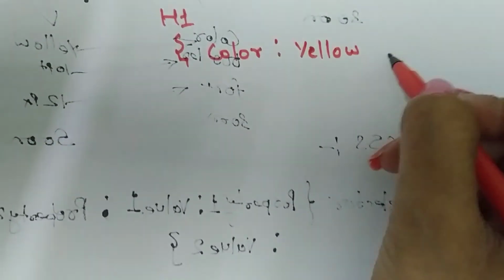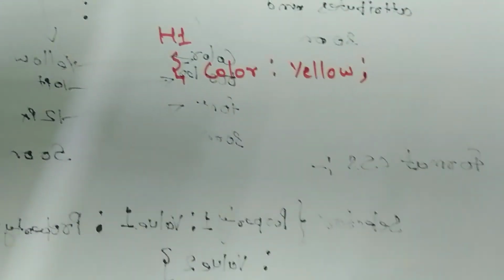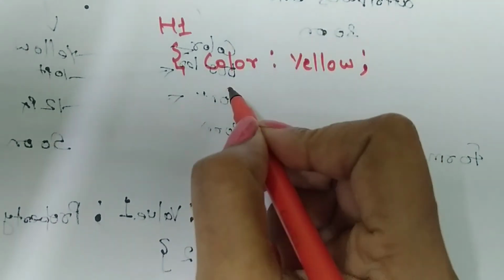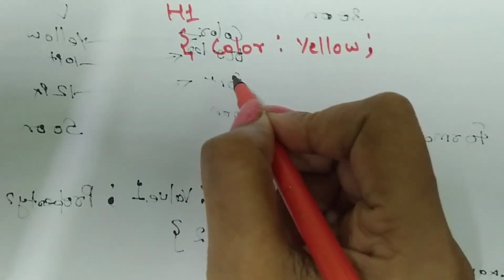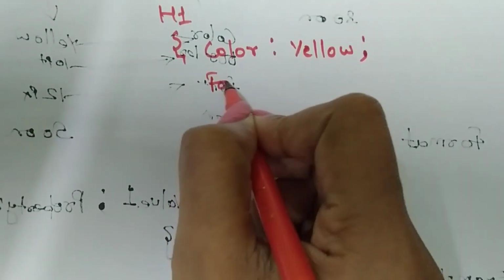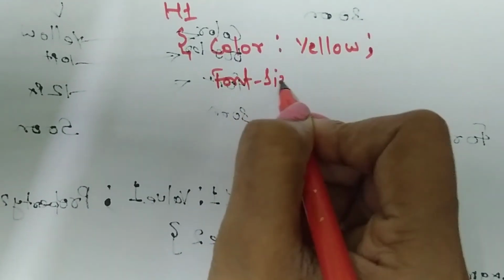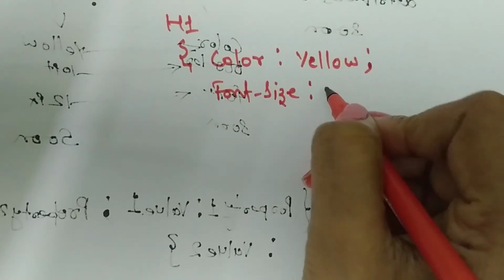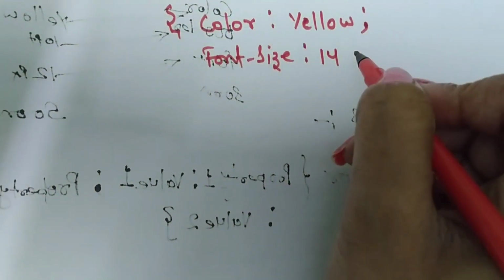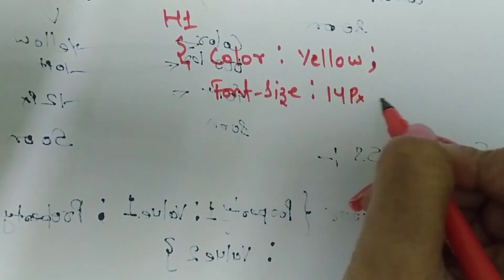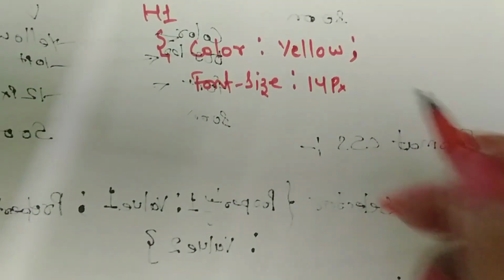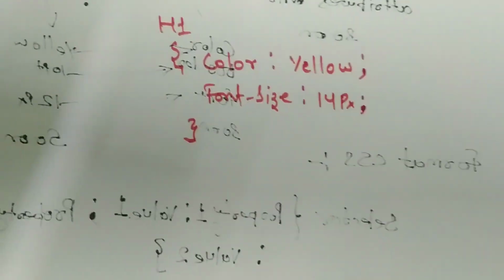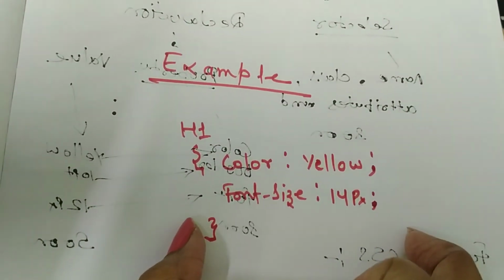You can choose any other color, and a semicolon is used for separation of the first declaration. Now I have chosen another property for the declaration, font size, and use a colon for separation and use 14 pixels, px. Now again use the semicolon for separation. Now close the curly braces. So this is the example of CSS syntax.